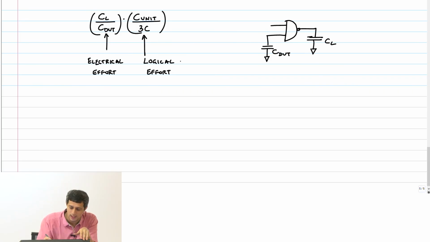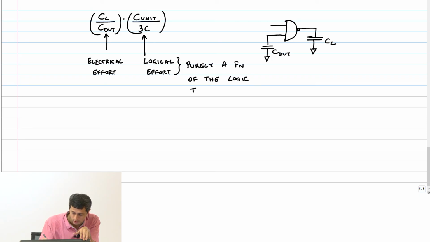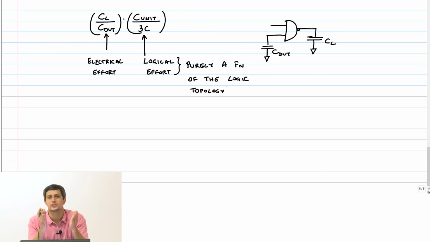But this logical effort is purely a function of the logic topology: how many transistors you have on the NMOS stack, how many transistors you have on the PMOS stack. This will purely determine what the logical effort of the gate is. Okay.